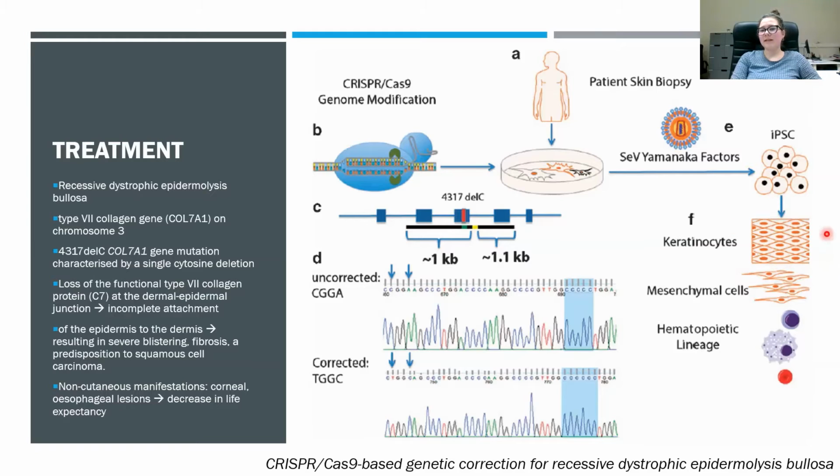And when we create such an environment in the petri dish, we get correct keratinocytes with a correct genome, so that we regain functional type 7 collagen protein, and we regain complete attachment of the epidermis to the dermis.